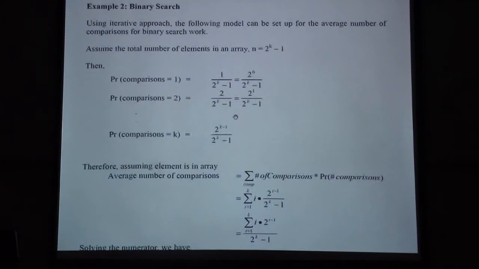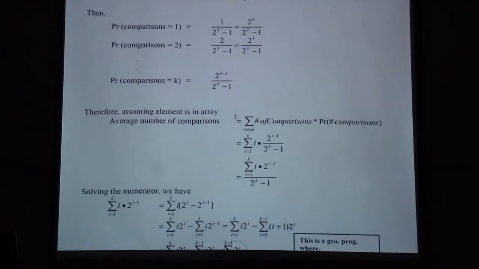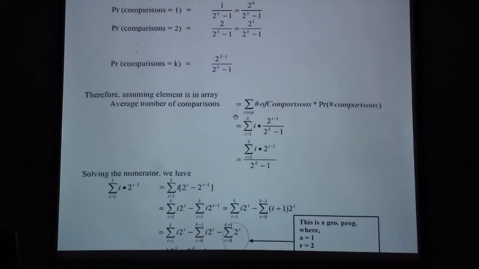So therefore, assuming the element in the array is in there, the average number of comparisons is nothing more than the sum of the number of comparisons times the probability of the number of comparisons. What's probability? The likelihood it's going to happen. So the number of comparisons is increasing how?